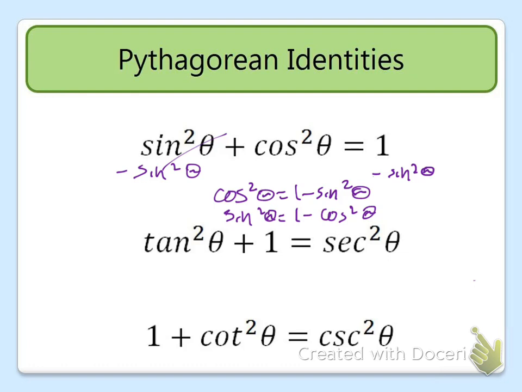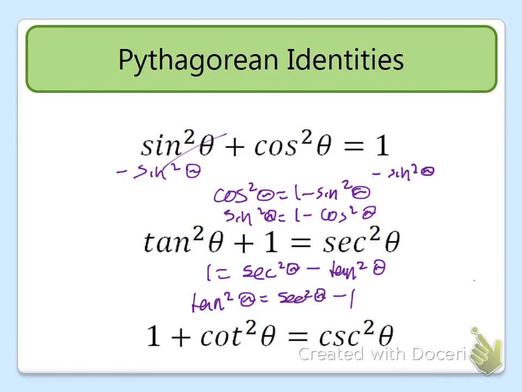The same with the other two equations here. I can subtract tangent squared from both sides, and this equation would look like 1 equals secant squared theta minus tangent squared theta. Or I can subtract the 1 from both sides, and it would look like tangent squared theta equals secant squared theta minus 1. Same thing with the last equation.